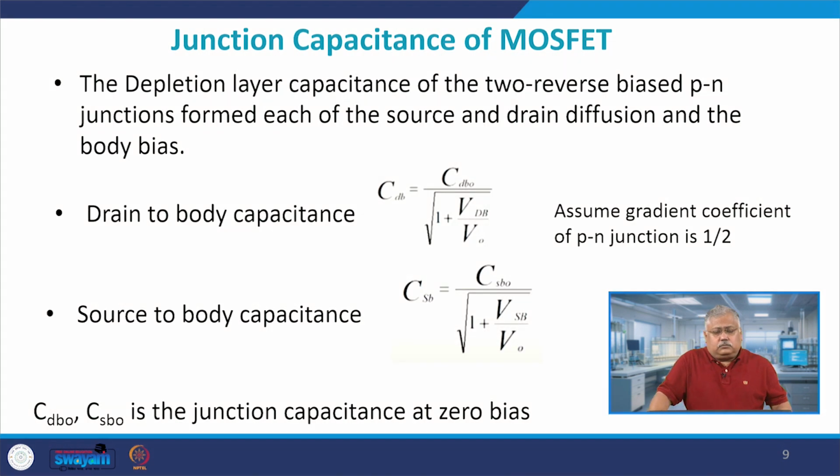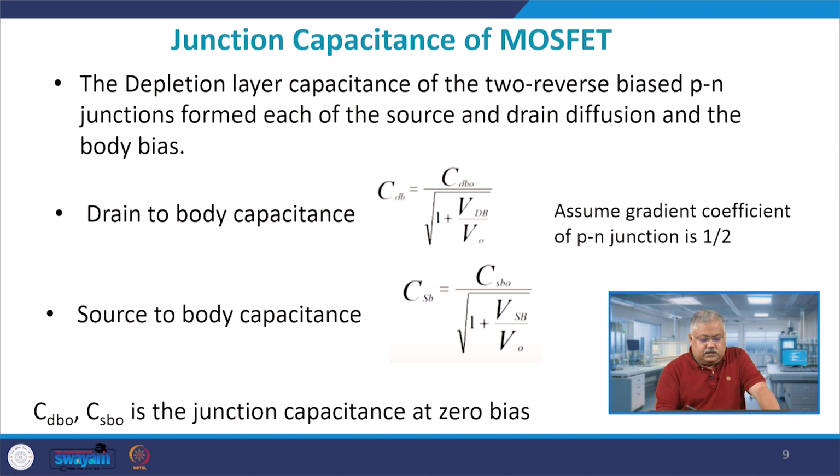Now let's finish off this discussion by telling you what the junction capacitance of a MOSFET is. We have already known that the drain to body capacitance will be basically a reverse biased junction. So this is CDB0, which is the capacitance when your bias voltage is 0, divided by 1 plus VDB by V0, right.